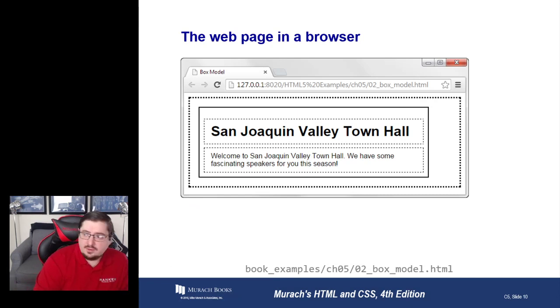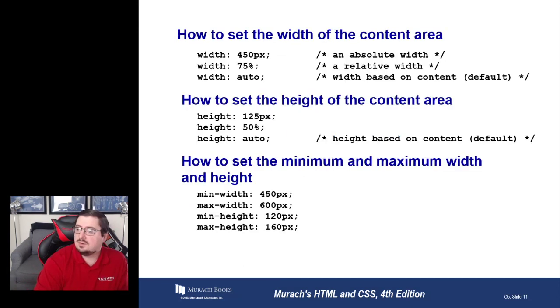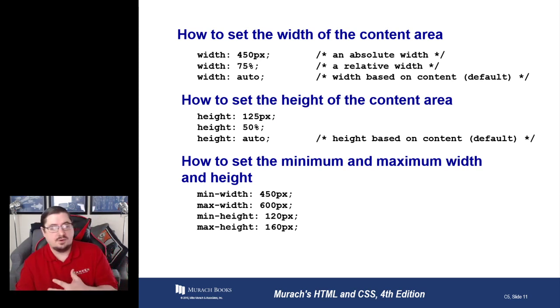So we looked at how this looks in the browser, kind of went through that. So let's talk about a few of these properties in maybe some more detail. So I can set the width of the content area. I can set that with the width property. And so I can say, well, let's set it to 450 pixels. That's going to be an absolute width, as they would say, right? It's always going to be 450 pixels.